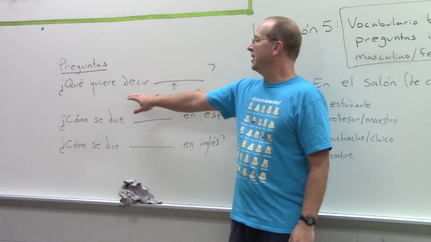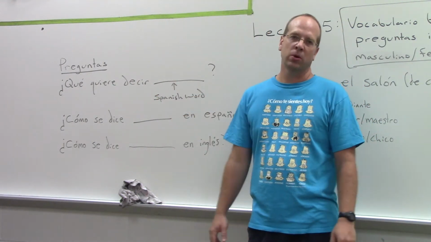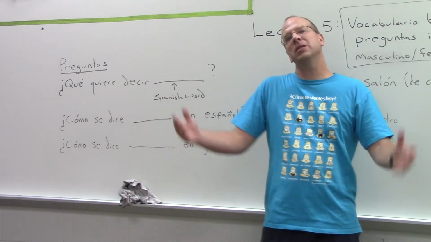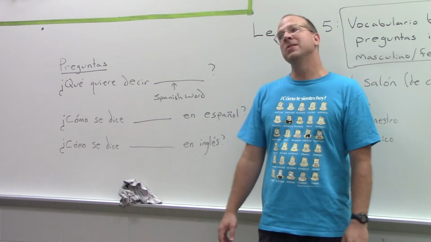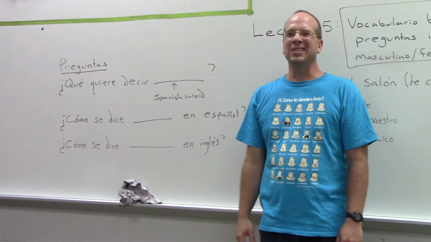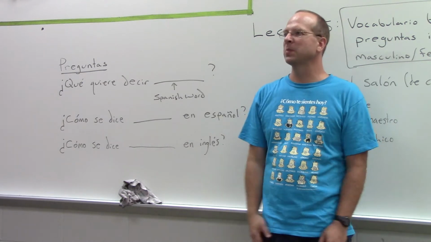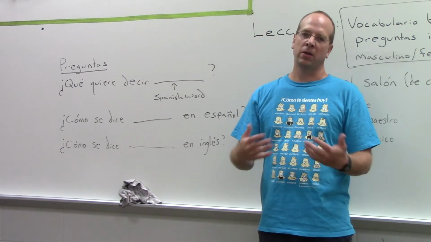Okay? The first one is, ¿qué quiere decir? Because you're going to see Spanish words around the classroom, and you're not going to understand what they mean, or you're not going to remember what they mean, and everybody's entitled to forget. But instead of saying, oh, Maestro David, what does triángulo mean? And then we've got all this English going on.